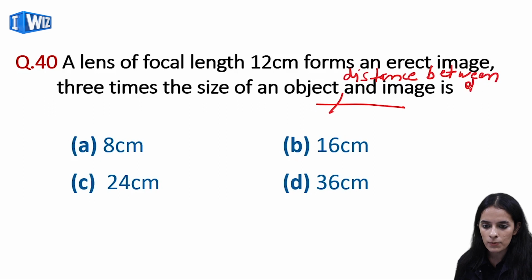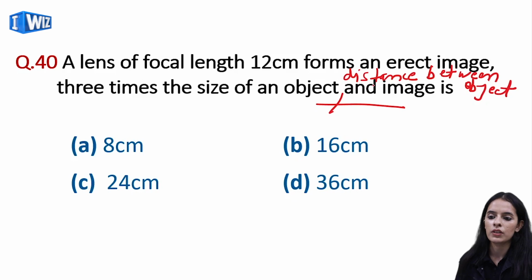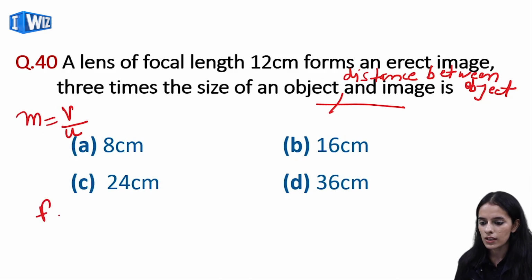The distance between object and image is already written over here. As you know, in case of a lens, the magnification is positive here and it is the ratio of v divided by u. So focal length is given. Focal length is how much? 12 centimeter.